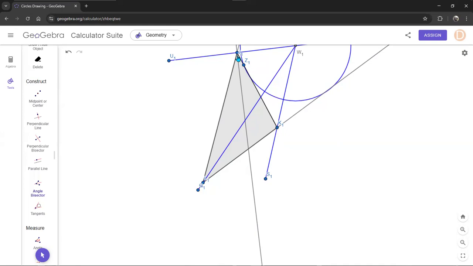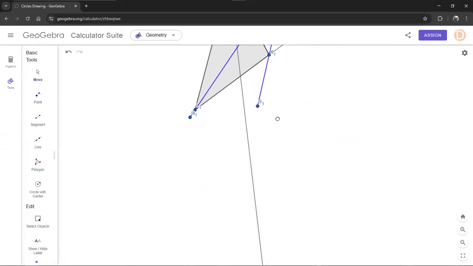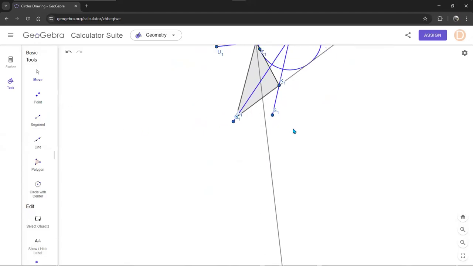And now, since we need an escribed circle touching line K1, L1, we need to extend the other lines. And we are going to do that right now. So I can minimize it.